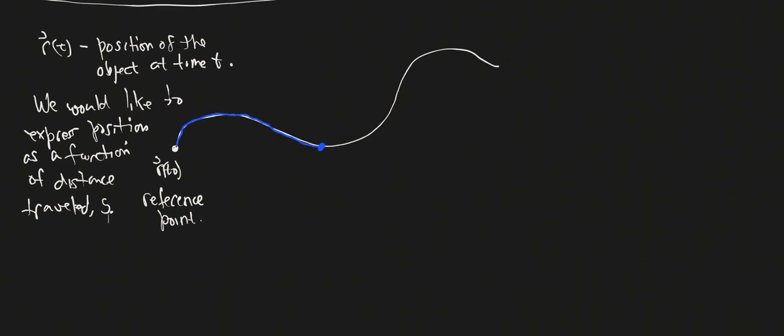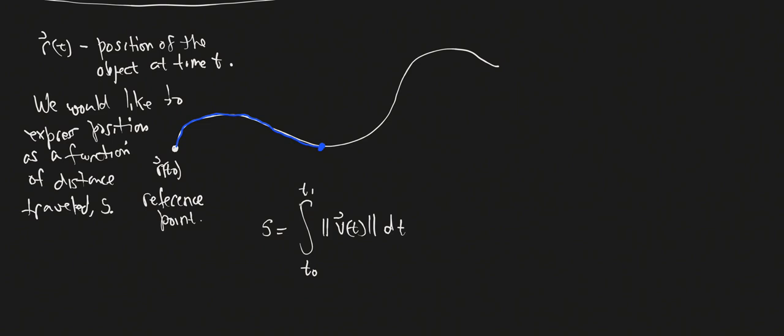So let's take a look at what we know about arc length. We have this formula previously where the arc length, or the distance traveled, is the integral from t0 to t1 of the magnitude of the velocity. Pretty straightforward.